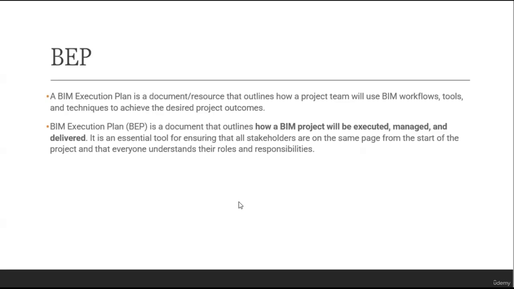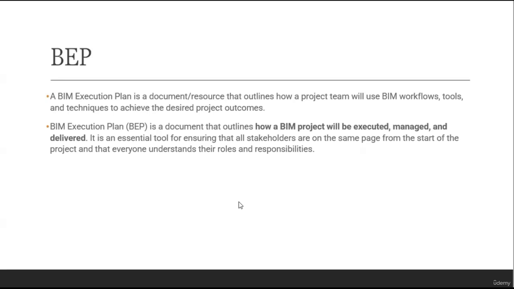How can we create a BEP? We can start by gathering information about the project, such as the scope of the work, the schedule, and the budget. Then we can list the key objectives for the project. Next, identify how BIM can help to solve these objectives. The roles and responsibilities of those involved can be determined in the BIM execution plan as well.